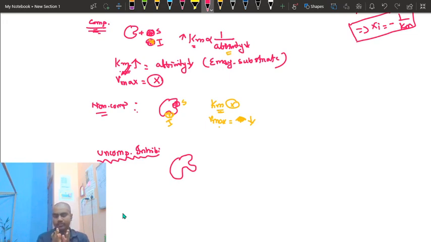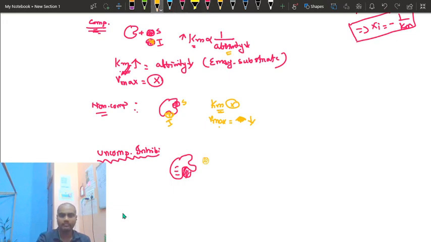Either the substrate will bind with this enzyme before the inhibitor, or if the inhibitor concentration is very high compared to the substrate, the inhibitor will bind first with this enzyme. If the inhibitor binds with this enzyme, then it will not allow the substrate to bind with its active site, right?